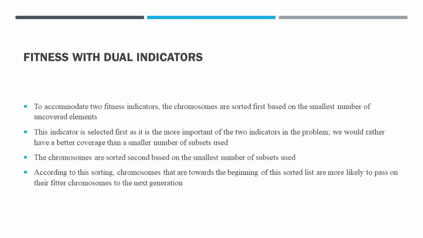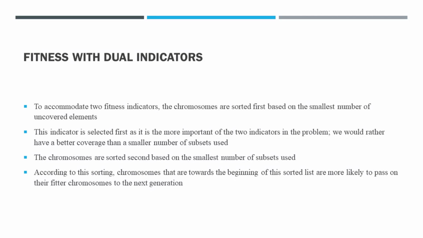Before we continue on to the next function, let's look a little bit at how fitness can function with dual indicators, as we talked about in the previous fitness function. So to accommodate two fitness indicators, the chromosomes are sorted first based on the smallest number of uncovered elements. And we do this because that indicator is the more important of the two indicators in the problem.